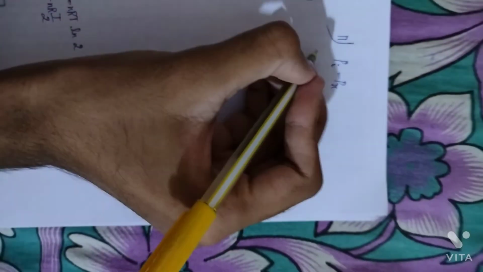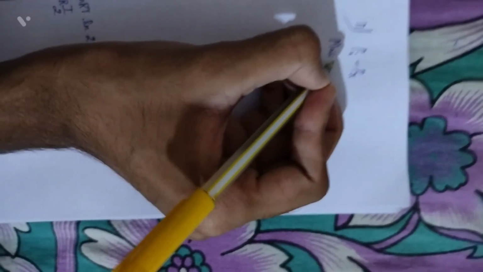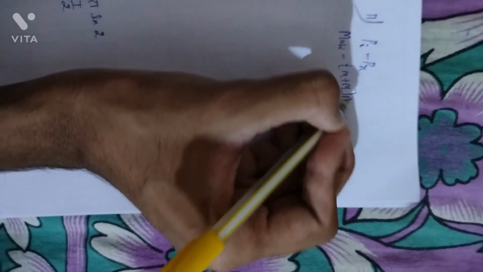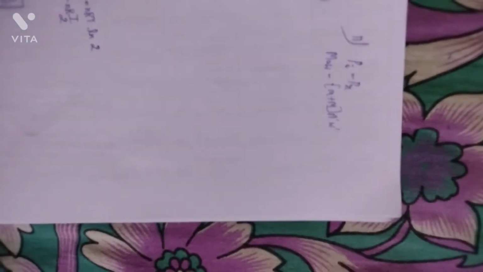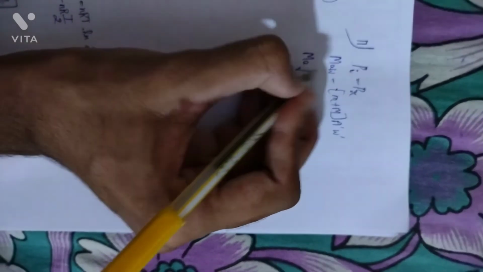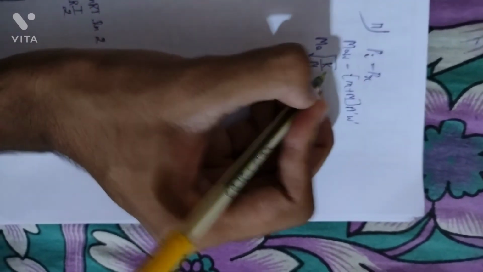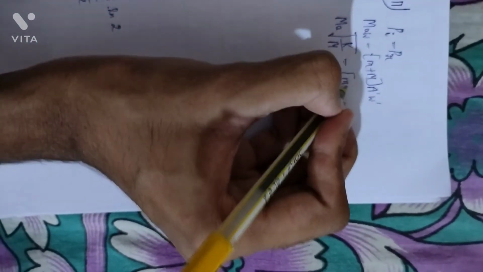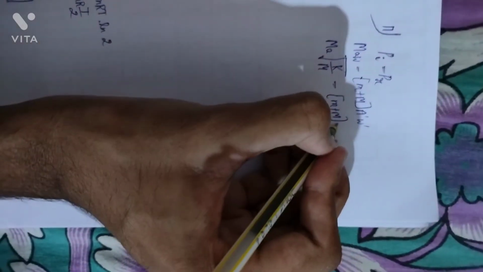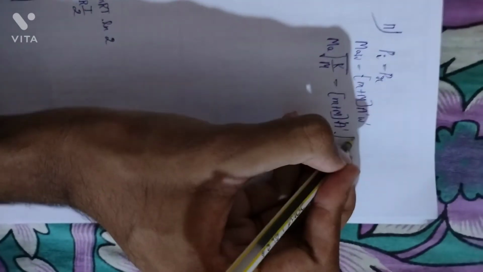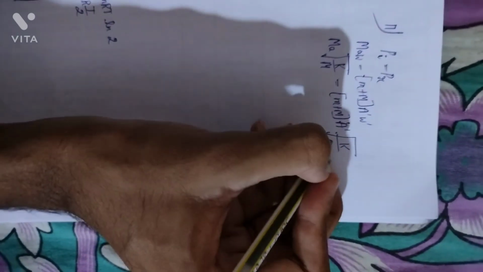m A ω is equal to (m plus m) into A dash ω dash. Then m A root k divided by m is equal to (m plus m) into A dash root k divided by (m plus m), because here 2m are there.